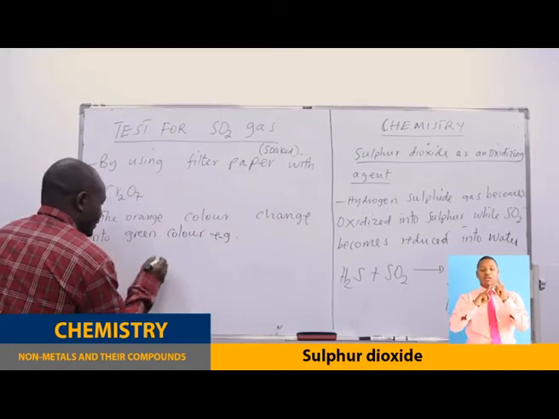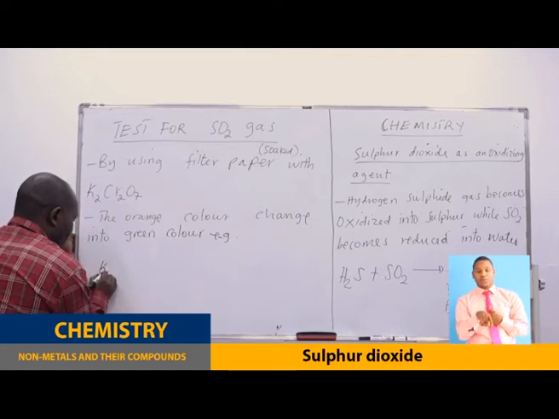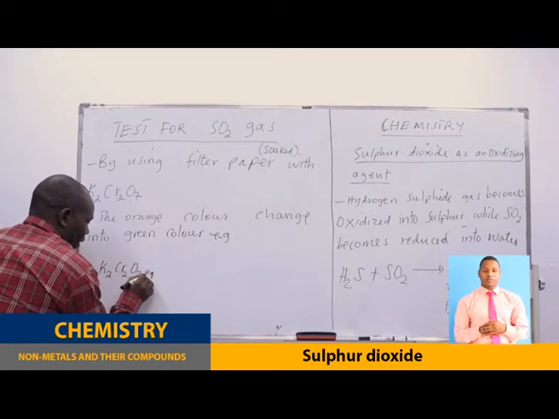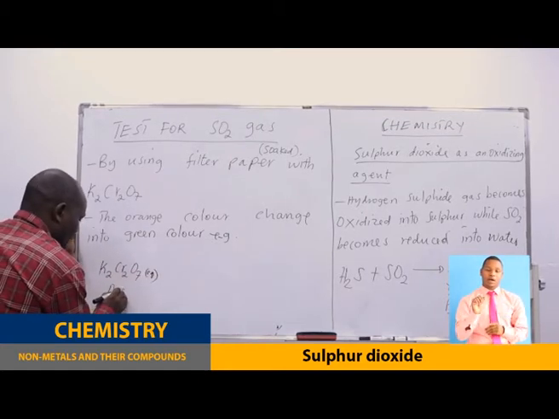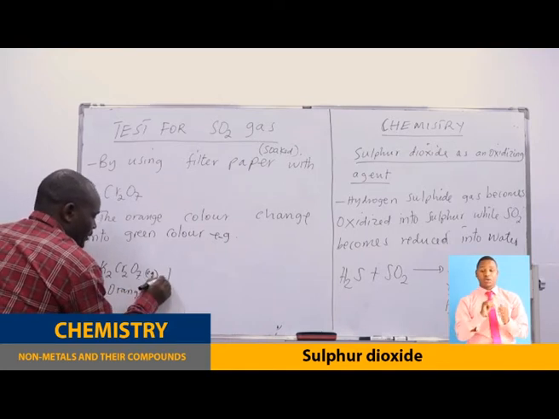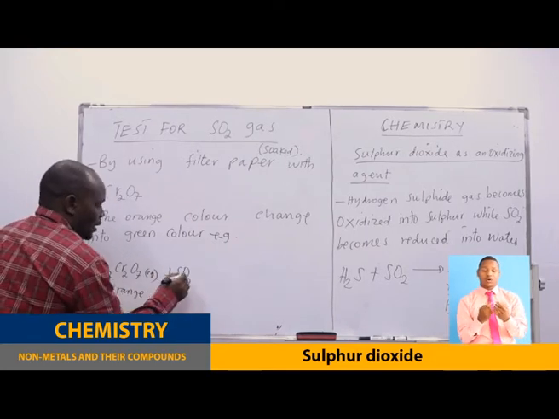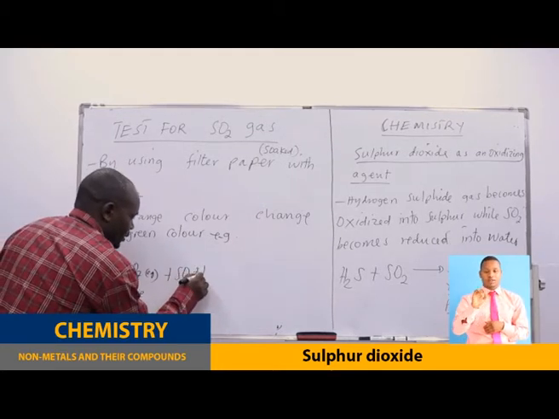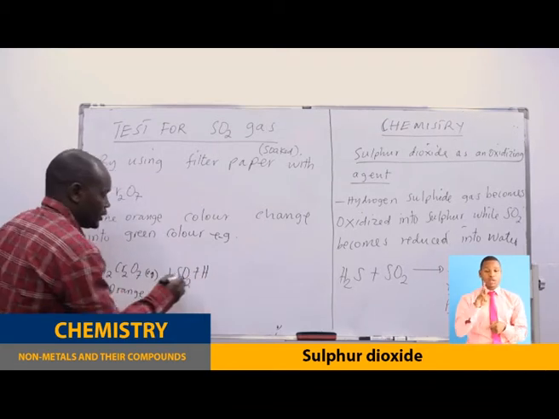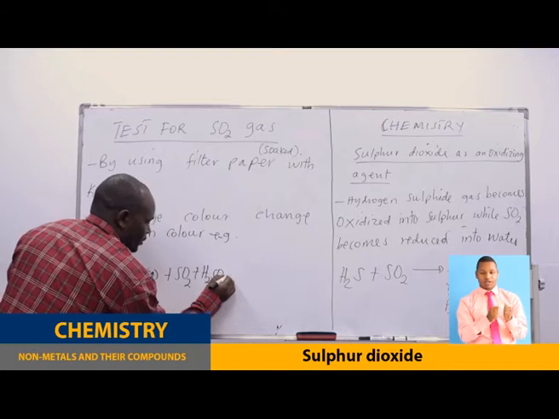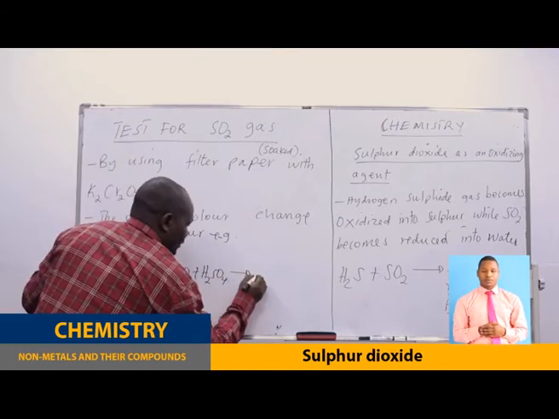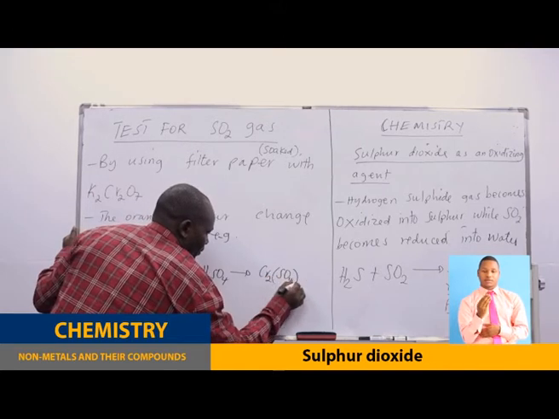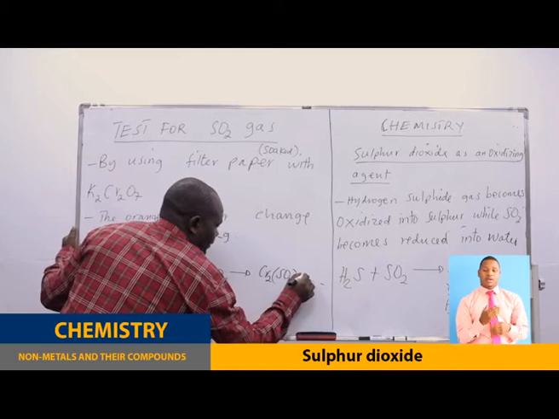And the reaction behind it is that potassium dichromate is an aqueous solution which is orange in color. When it reacts with sulfur dioxide, the reaction must be under acidic condition because it is a redox reaction. The acid used in acidification is sulfuric acid. Then you will get chromium sulfate and the other products that are formed.